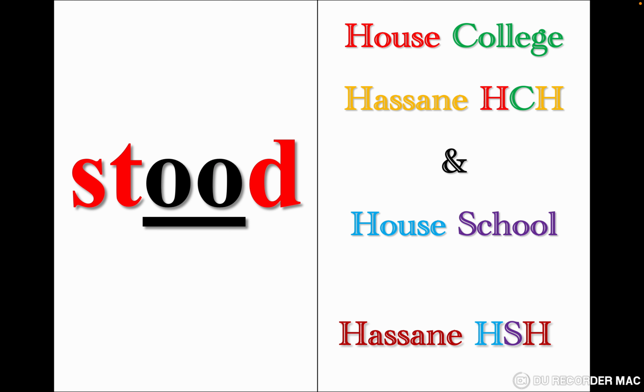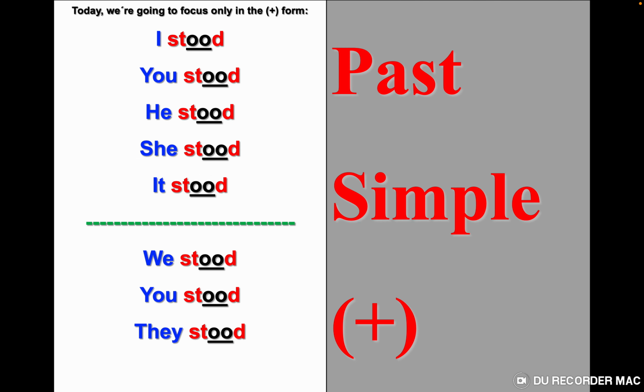Let's go to the next verb. Stand. We are going to change a to double o. But we pronounce it stood. Stood. I stood. You stood. He stood. She stood.